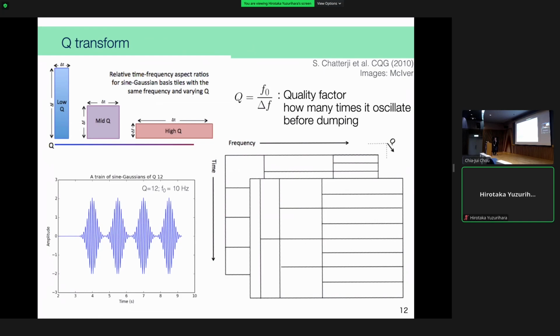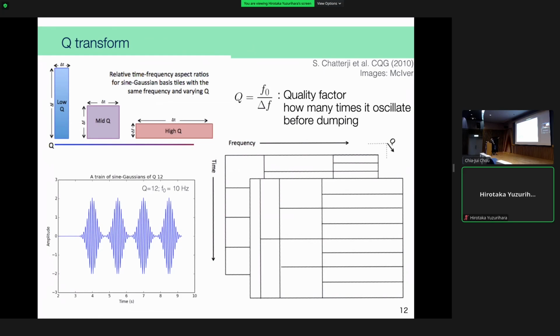Q is called the quality factor, and it means how many times it oscillates before damping. Please imagine a bell in a temple, a gong: the sound continues for a long time. This means high Q. On the other hand, if the sound damps very quickly, this means low Q.